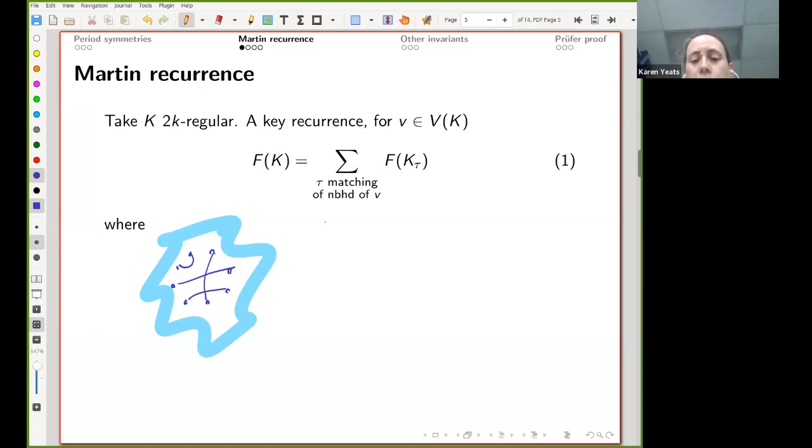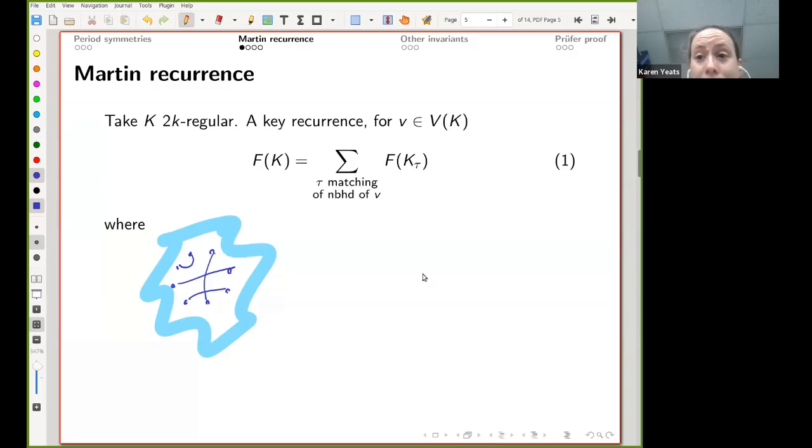And so I want to sum over all the possibilities, and whenever I have some property of graphs, an invariant of graphs that satisfies this recurrence, that around any vertex, I can just sum over all the ways of resolving that vertex. I'll say I resolved that vertex when I did that. Then that's my recurrence 1, and we're going to come back to that a whole lot.